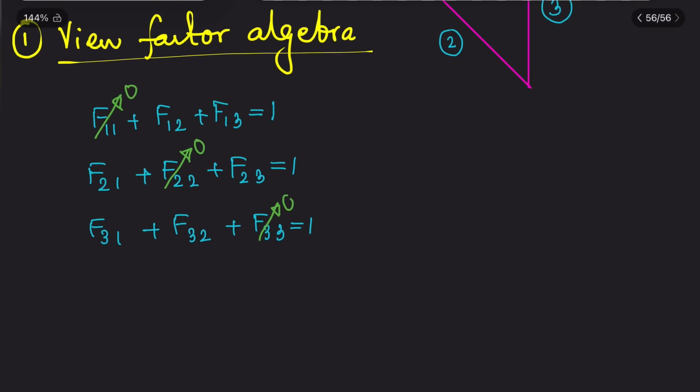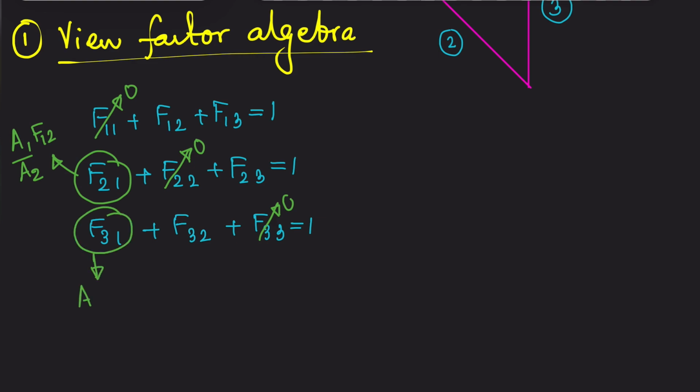So we have how many unknowns? Now we know that this is equal to what? A1 F12 by A2, and this is equal to actually F12 because A1 equal to A2, and this is equal to what? A1 F13 by A2 by A3.